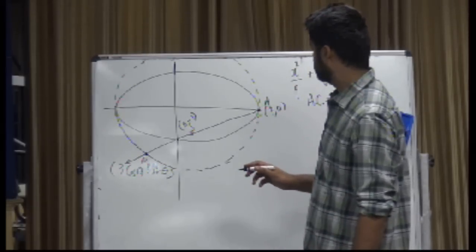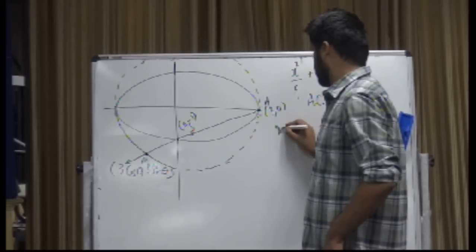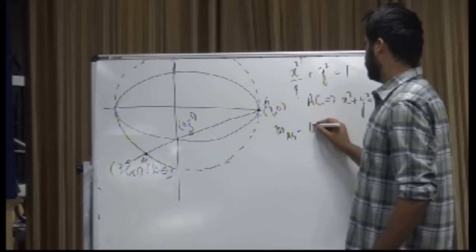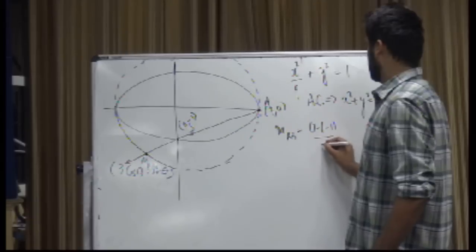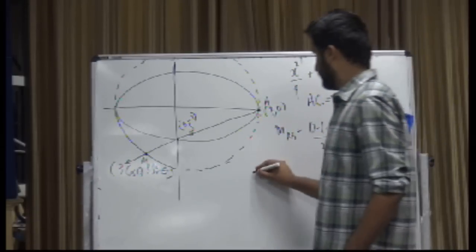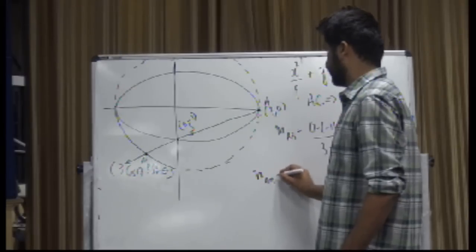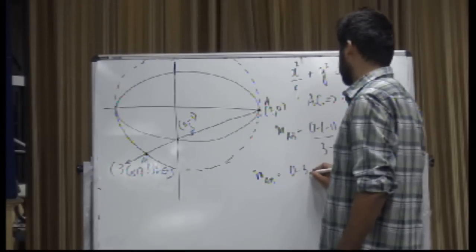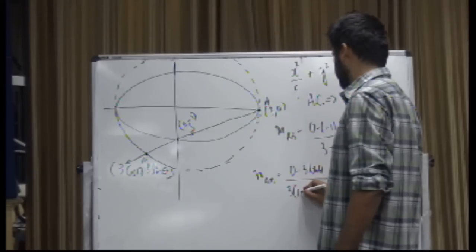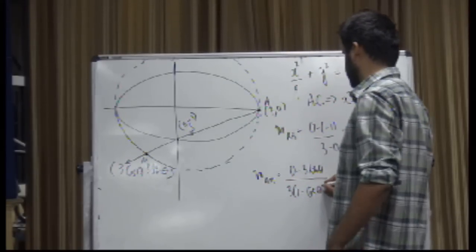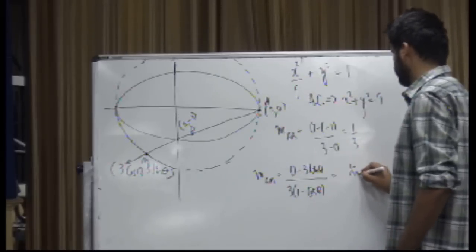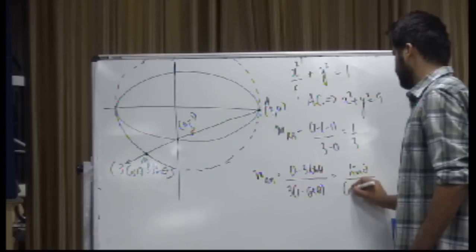So you get slope of AB is equal to 0 minus minus 1 upon 3 minus 0, that is 1 upon 3, and the slope of AM is 0 minus 3 sin theta upon 3 minus 3 cos theta, so you get sin theta upon cos theta minus 1.